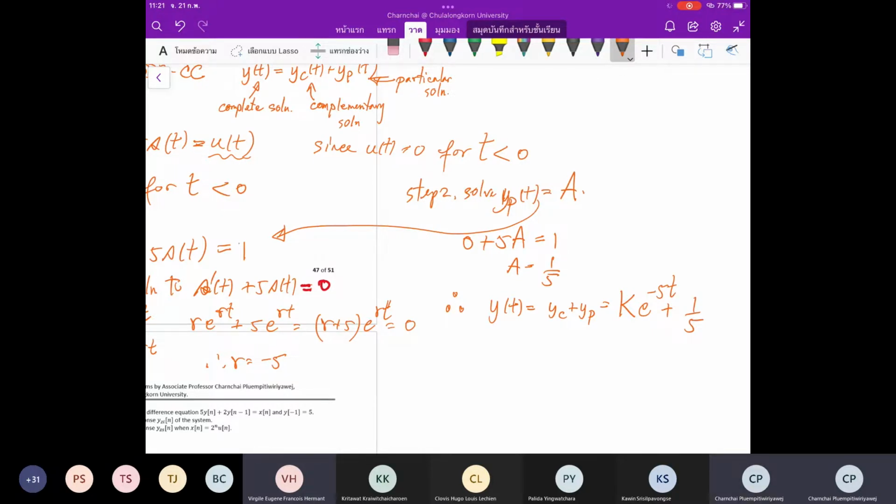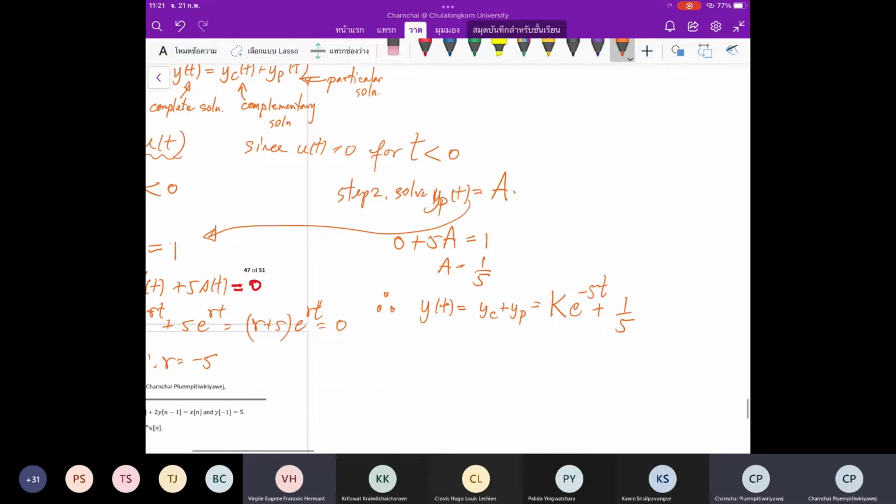This is our complete solution, and you still need to find the constant k from initial conditions.